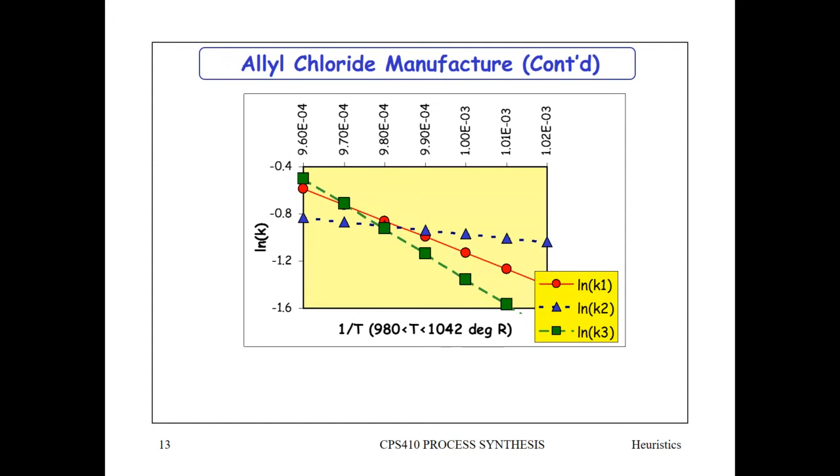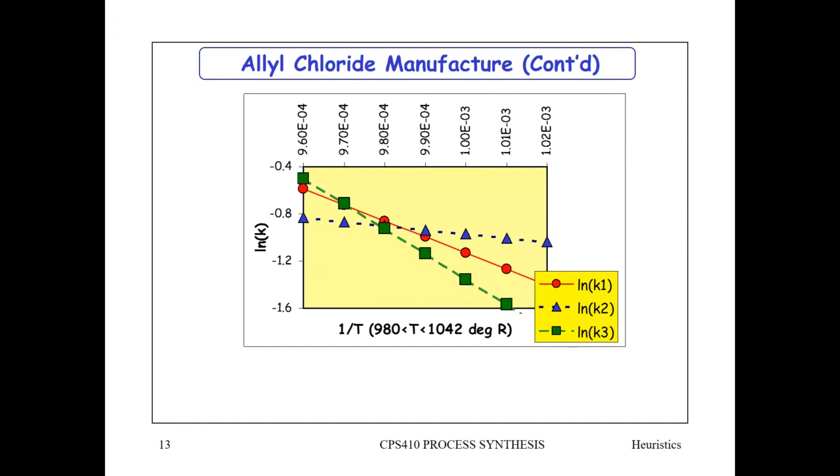Reaction kinetics is something you only get by experiment, and therefore you've got to go and look in the literature at who's actually looked at the rates of these reactions.